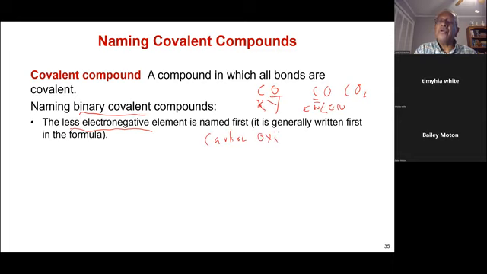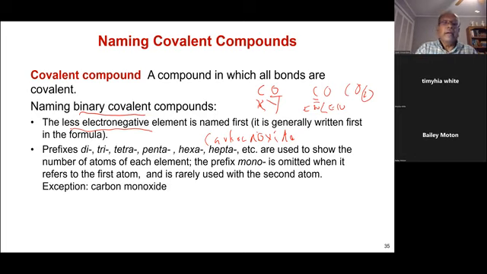Oxygen is converted to oxide, just like in naming ionic compounds. But you normally use prefixes to tell the number of atoms. Carbon monoxide, carbon dioxide. Di means 2 oxide. So we're going to show this in a minute.